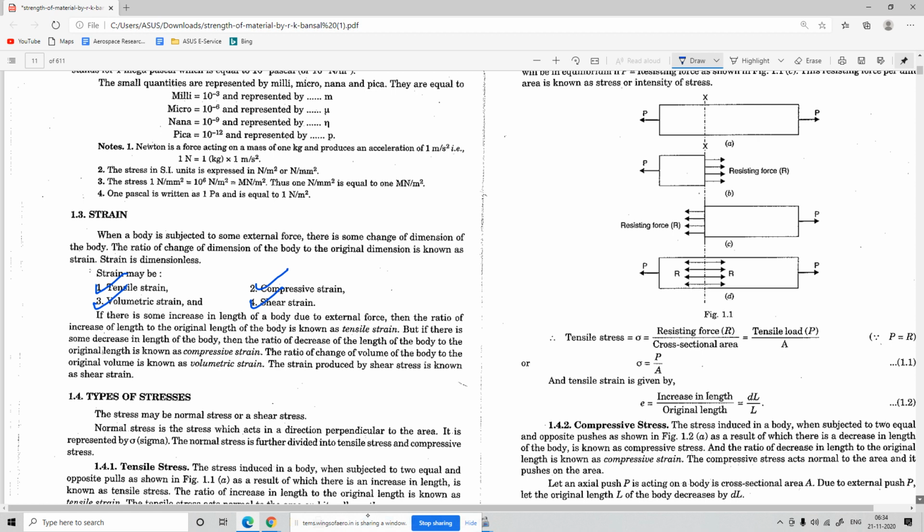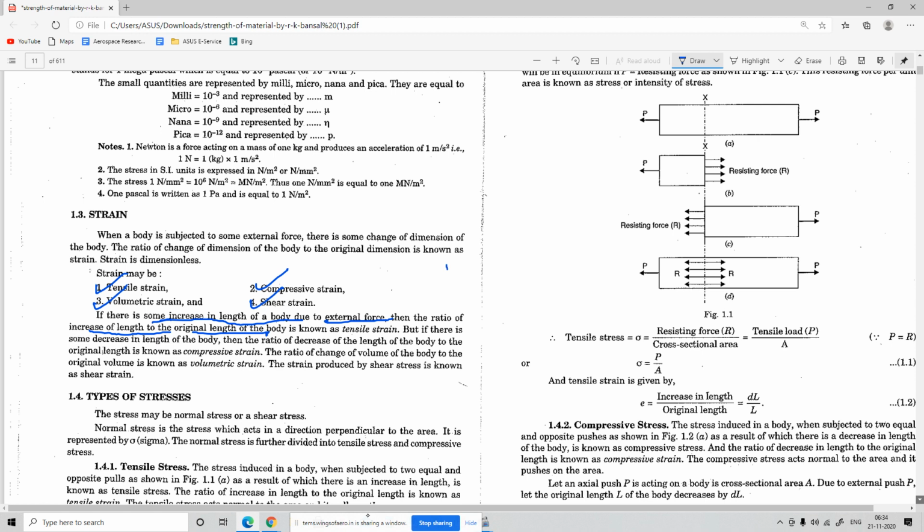What is tensile strain? Tensile strain is defined when there is some increase in length due to some external force, and it is the ratio of the increase in length to the original length. As simple as that. Please note down.